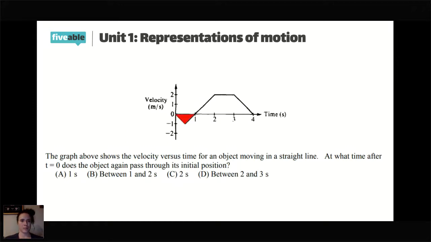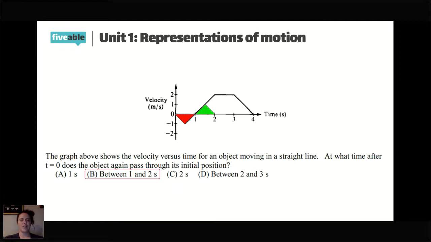The red area under this curve is our displacement away from our initial position because it's under that time axis. So in order to get back to where we started, we need to cancel it out with a positive displacement. That's going to happen sometime between 1 and 2 seconds. So our answer is B.